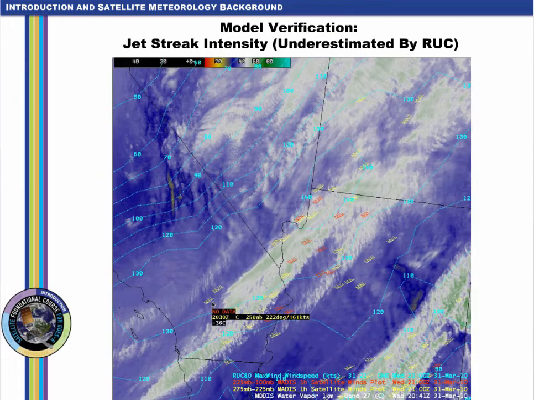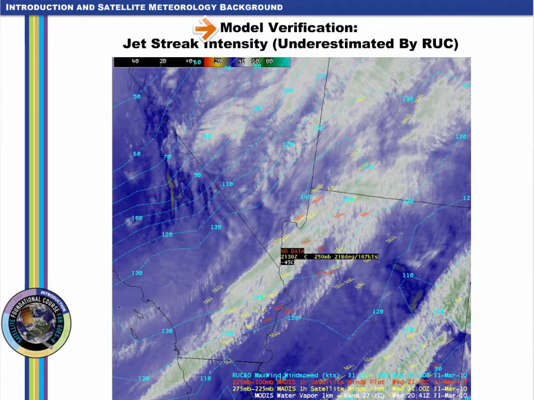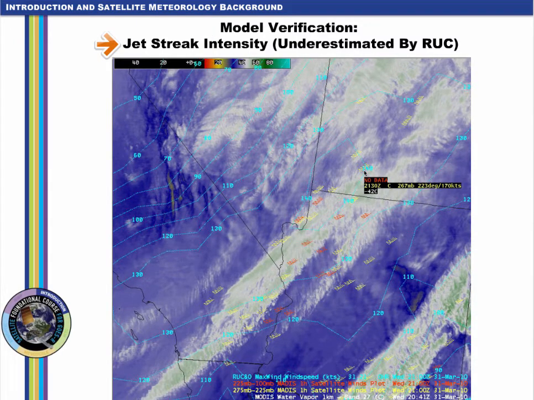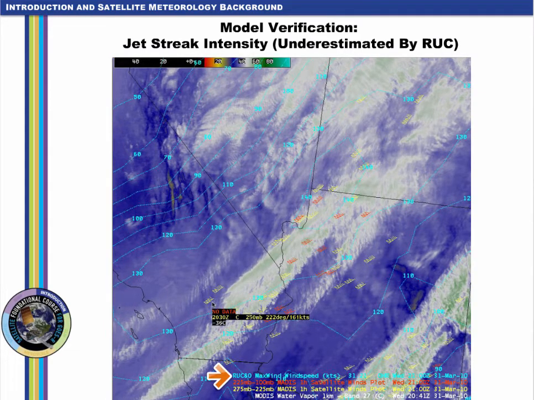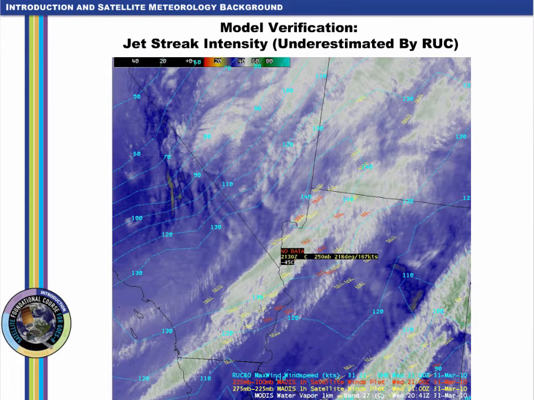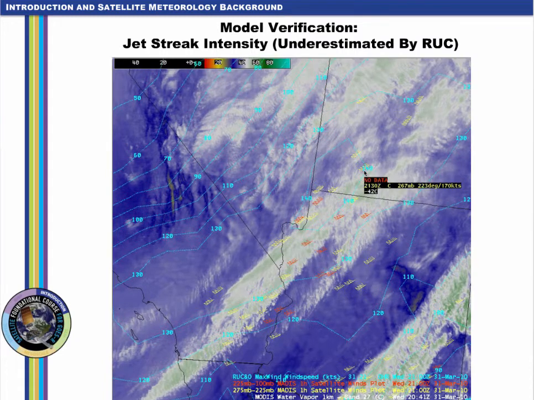Derived motion winds can be used for model verification. In this case, the RUC model, the display here is of max wind speed from the RUC in cyan, underestimated the intensity of the core of an upper tropospheric jet streak over the southwestern United States.